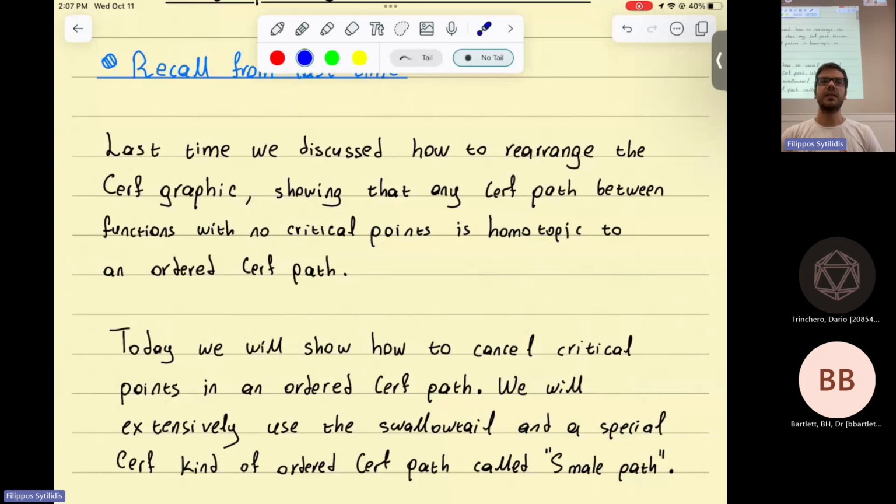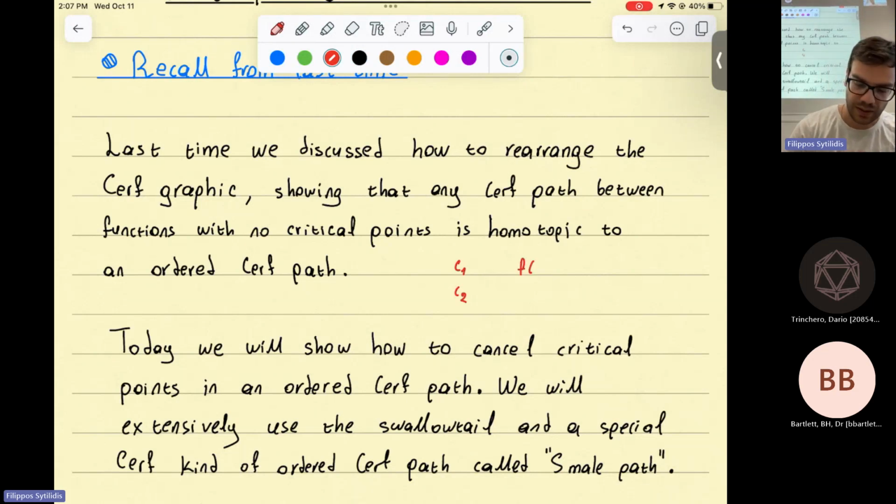Well, by ordered, I mean that if you have C1 and C2 Morse critical points with f of C1 greater than or equal to f of C2, then the index of C1 must be greater than or equal to the index of C2. That's the condition of being ordered.